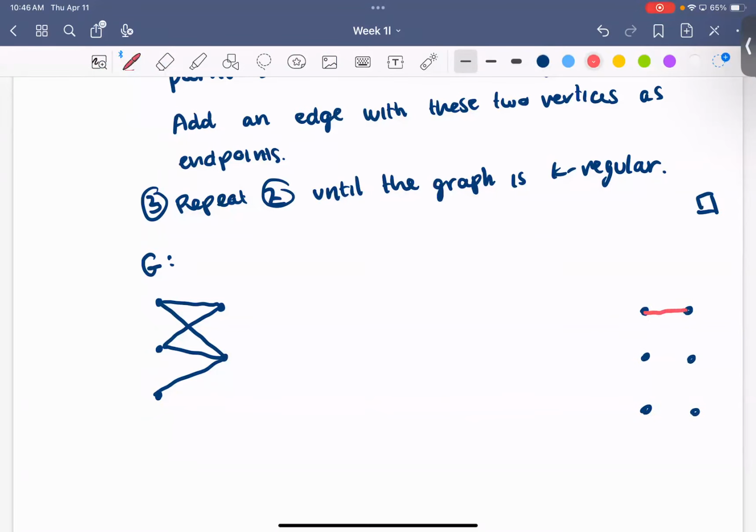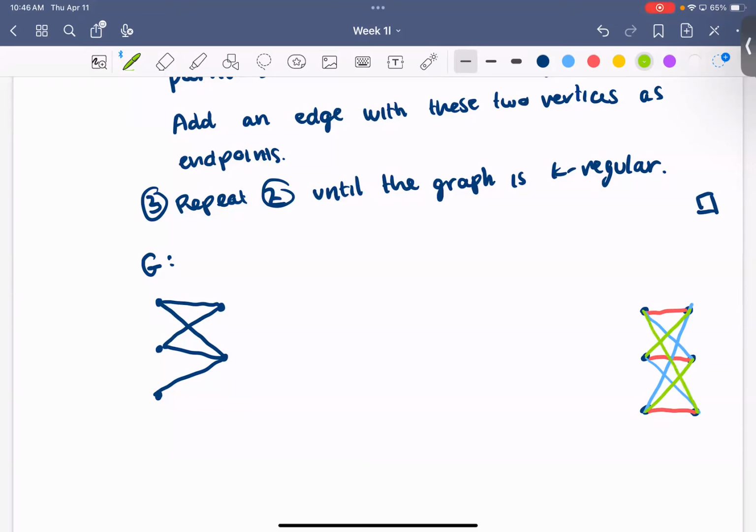So we had the red matching, and then one of the matchings was like this. And the last matching was like the opposite thing.